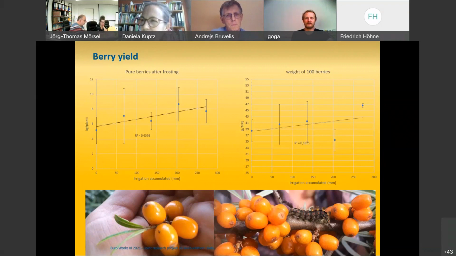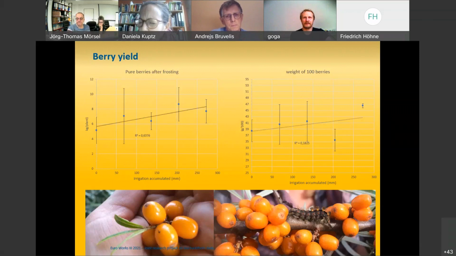The difficult thing is that the Seabuckthorn is dying in the wild habitats as well as in the orchards. And one reason we are thinking about as well is that the German varieties are based on the wild habitats in our area, in the northeastern or eastern areas of Germany.